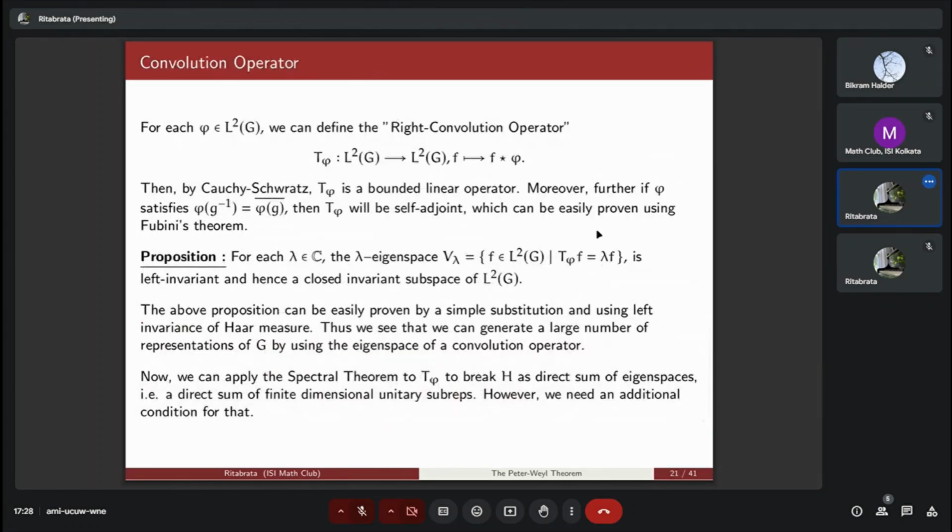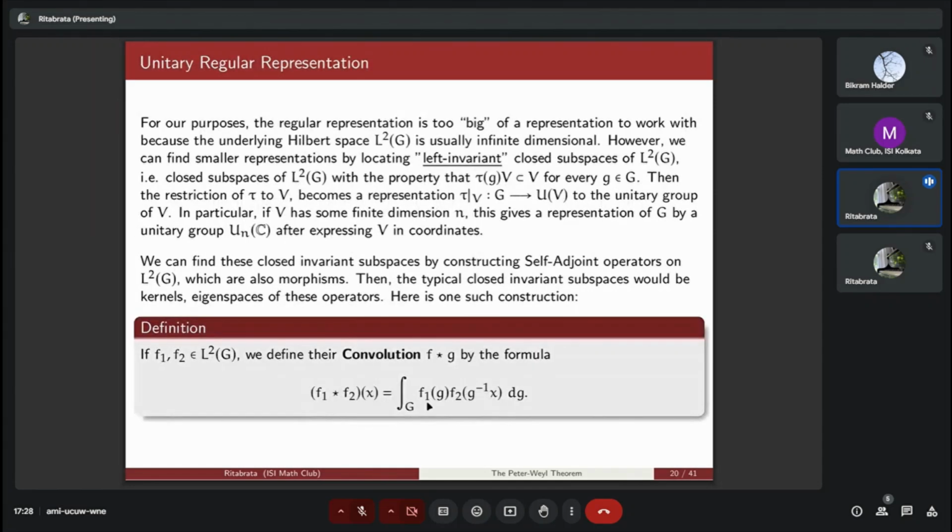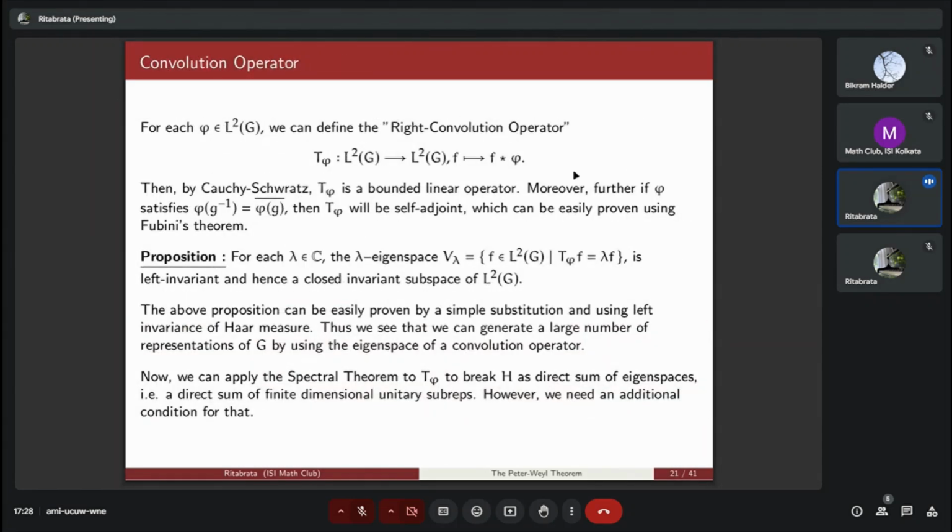Okay. For each phi in L2(G), we can define the right convolution operator by convolving with phi. I mean, for each phi, we can take any function f and take its convolution with phi from the right. We will call this the right convolution operator T_phi. Then by the Cauchy-Schwarz inequality, it's obvious that T_phi is a bounded linear operator, because it will be bounded by the norm of f times the norm of phi.